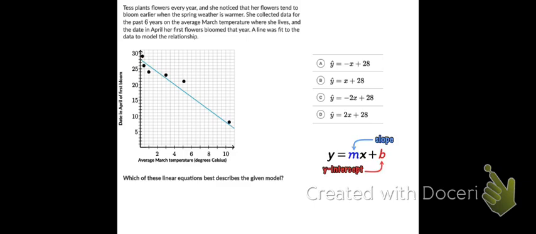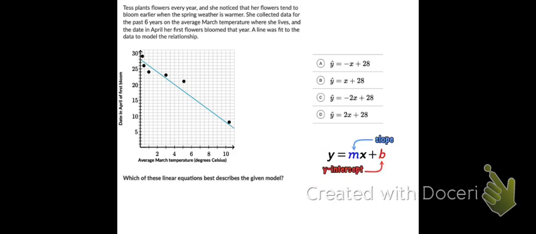Each of those dots represents a piece of data, and they made the line of best fit. What they're asking for here is the equation for the line of best fit, the equation that best models this relationship. I put a reminder here for slope-intercept form. We just need to substitute in the slope and the y-intercept.